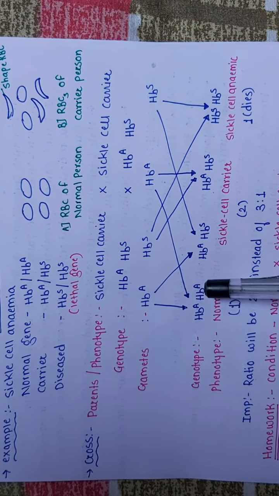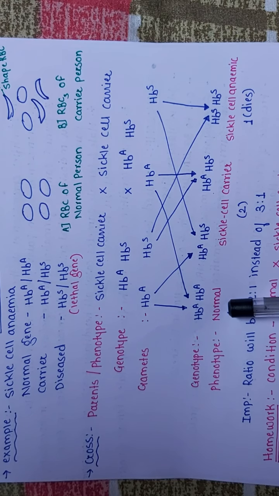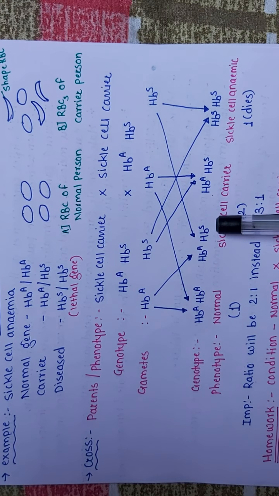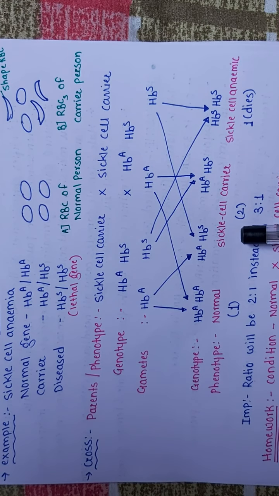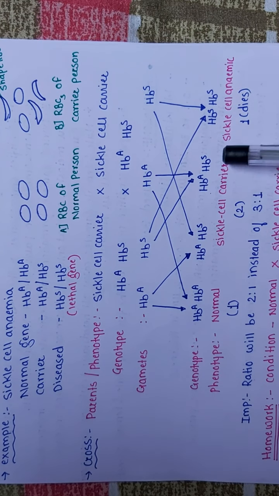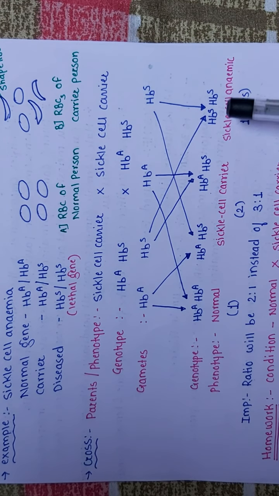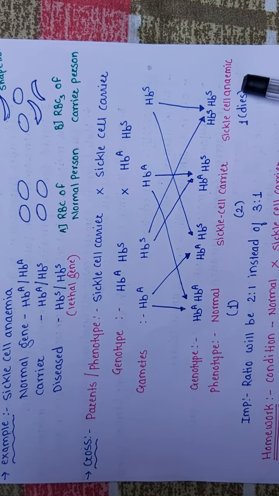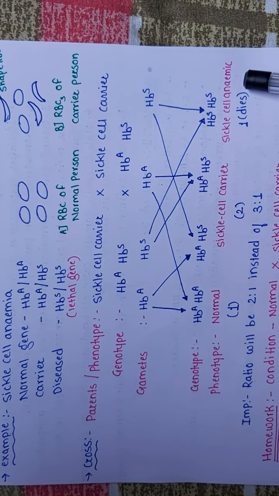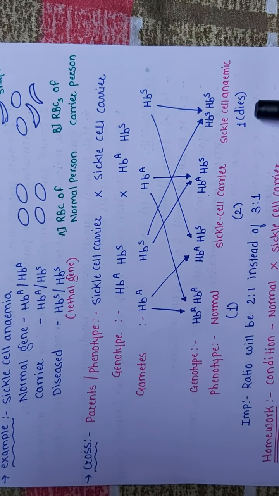So this is HbA HbA, which is normal, HbA HbS, which is a sickle cell carrier, again HbA HbS, again a sickle cell carrier, and this is HbS HbS, the anemic or lethal, disease type, which dies.